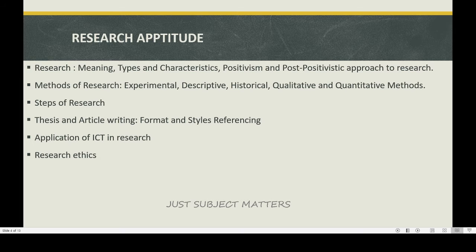Many questions have been asked on this topic. So we have to go through the steps of research, followed by thesis and article writing, then the application of ICT in research, then research ethics. So this is about the second unit.